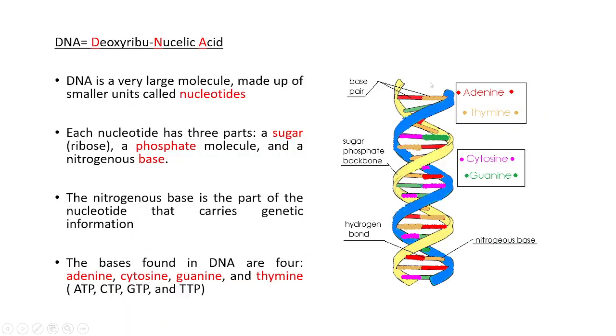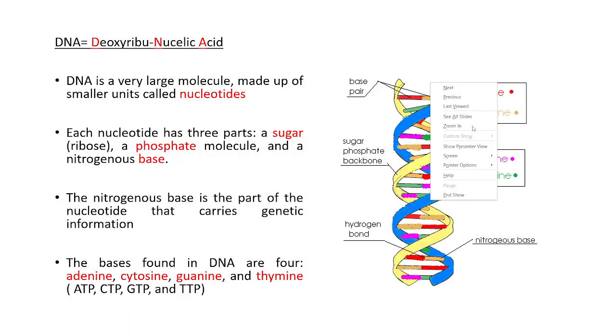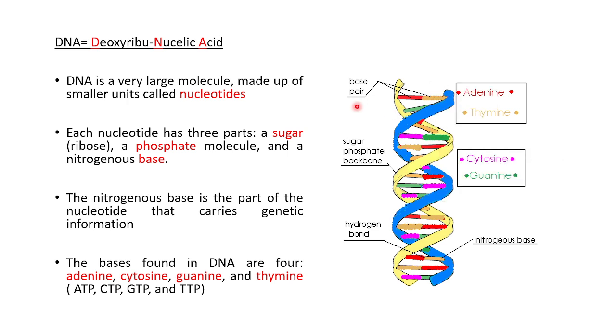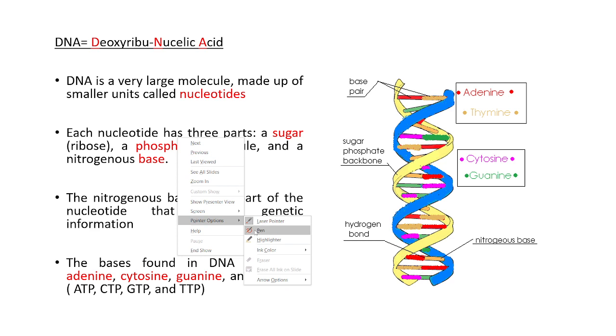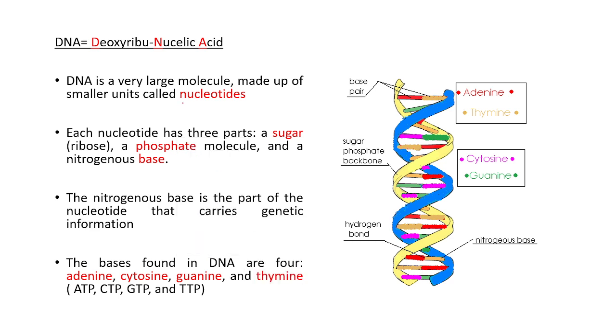So we all know about DNA, that is deoxyribonucleic acid. It is basically a very large molecule which is made up of smaller units, the basic units which we call nucleotides.